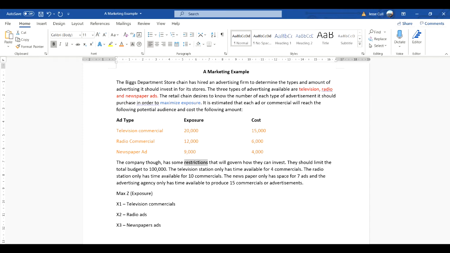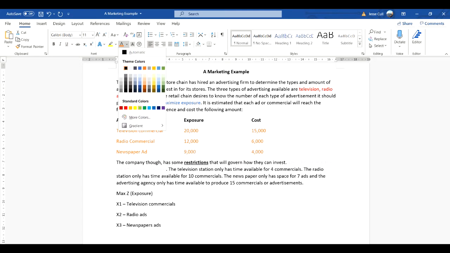This is a key word because it tells us that these are the constraints governing our situation. These are the rules that guide how we can invest. So number one, they should limit the total budget to $100,000. Let's highlight that information.